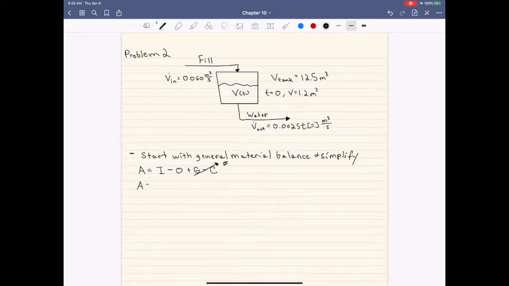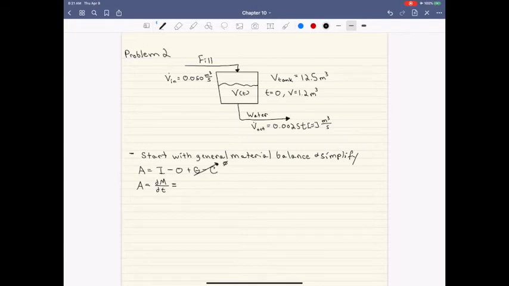So for accumulation, we're not dealing with a steady state system anymore, right? So for our accumulation term, we could write it as dm/dt, where the m stands for mass. But in this problem, we're dealing with volumes here.